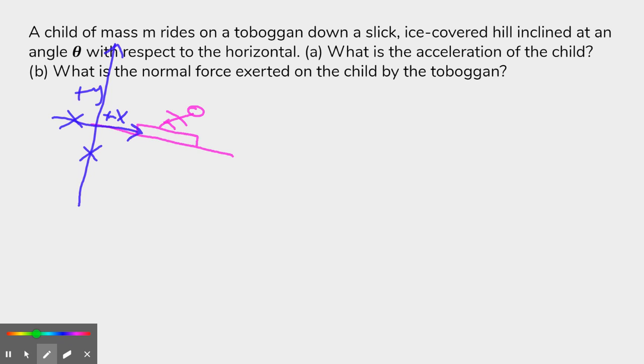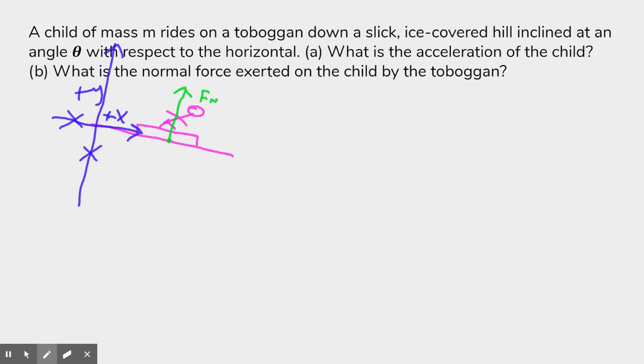Now that we have that, let's think about the forces that are present in this system. So we have a normal force, and remember the normal force is perpendicular to our surface. So put it here, and it's going to be perpendicular. And that is the normal force.